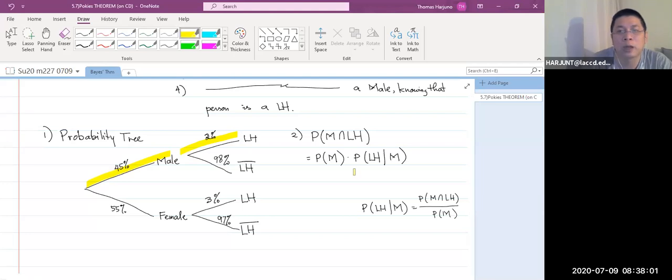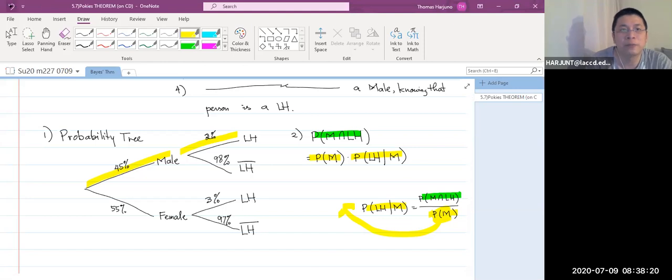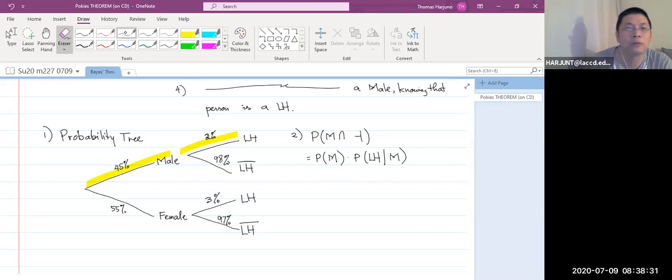Imagine if you multiply both sides by this, then the probability of the intersection equals the probability of male times this. Okay, so it is actually very much in line with what we learned before. I just changed the way we write that formula.